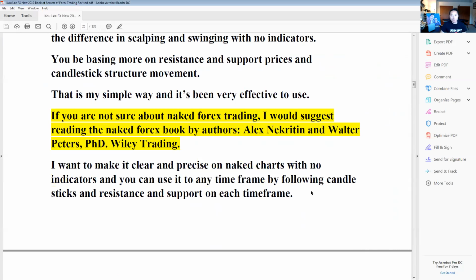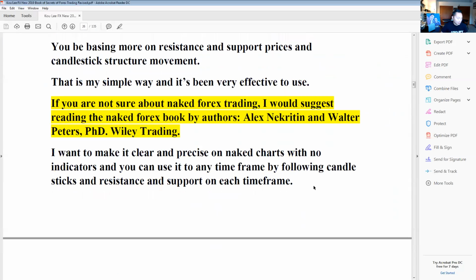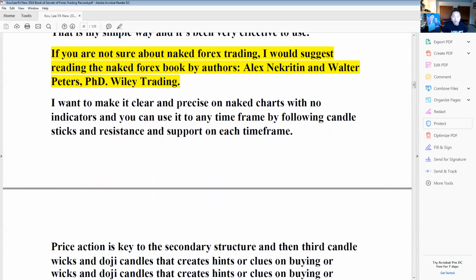Most of the time, the timing of indicators is way off, and sometimes it's just not as accurate as they say it is. Let me pause this here real quick. All right, finishing up naked Forex here.